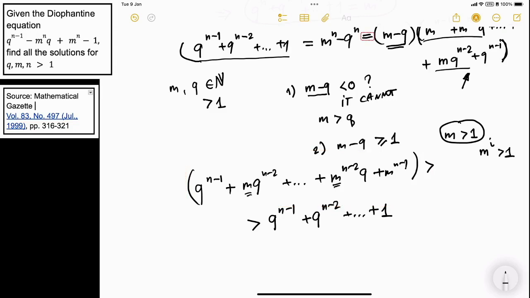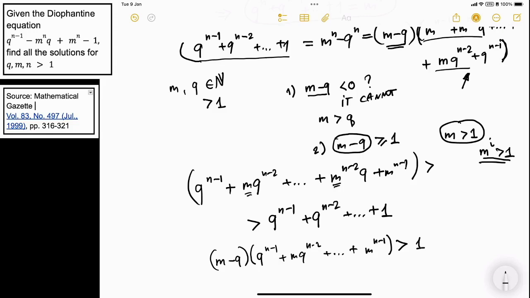And then we know that m minus q is more than 1, which means that the right side of the equation, (m minus q) times (q^(n-1) plus m q^(n-2) plus etc. plus m^(n-1)), is strictly larger than q^(n-1) plus 1.